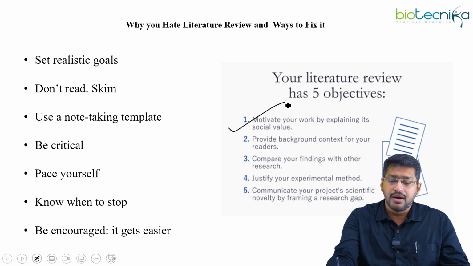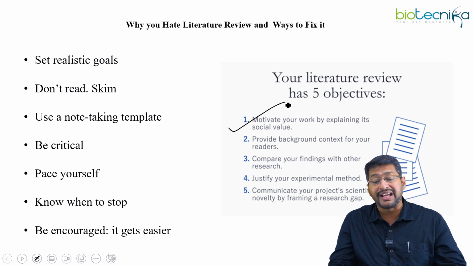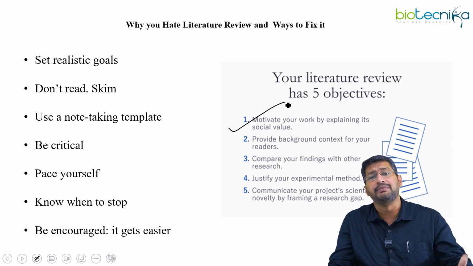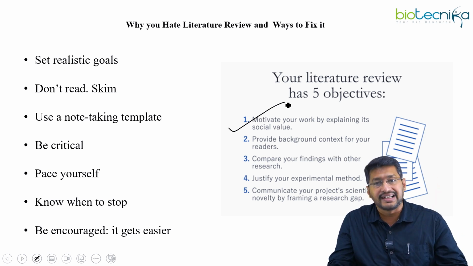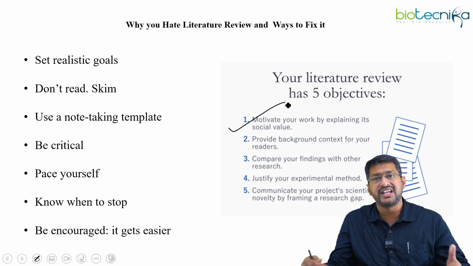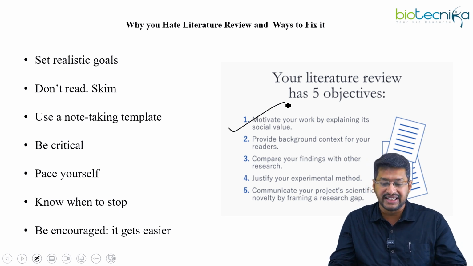The first thing is, motivate your work by explaining the social value, because we as scientists have a drawback. Many times we try to write in such hi-fi scientific terminology that the common layman does not understand. So do not make this particular mistake. Make sure that your work has been very clearly envisaged and delivered to the layman, wherein the societal value is being created.